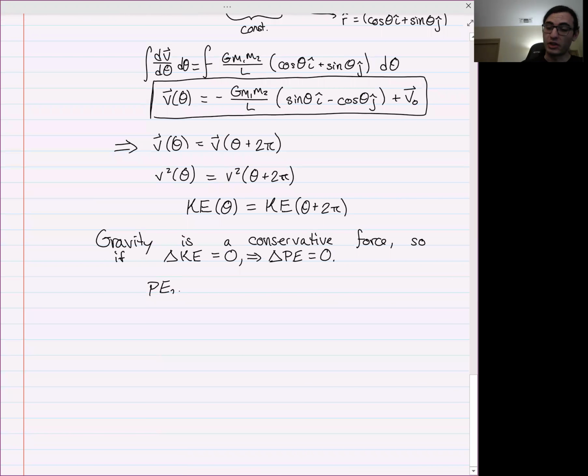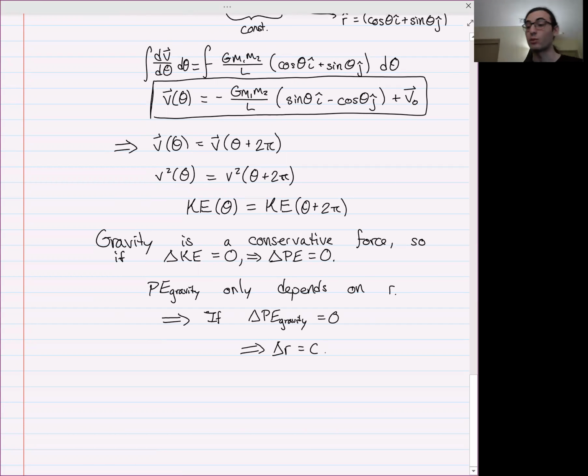The fancy potential energy for gravity only depends on r, the variable, which is the distance from the sun to the orbiting body. And so what that means is that if the change in the gravitational potential energy is 0, that implies that the change in r is 0 as well, because there's no other dependence in that function.